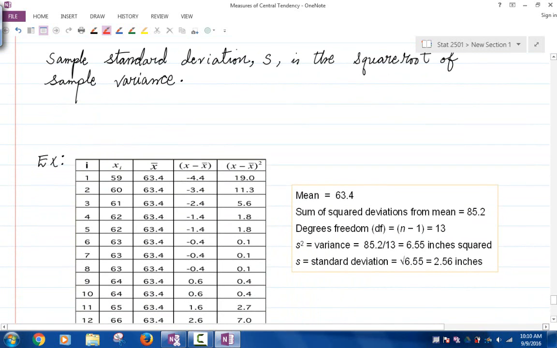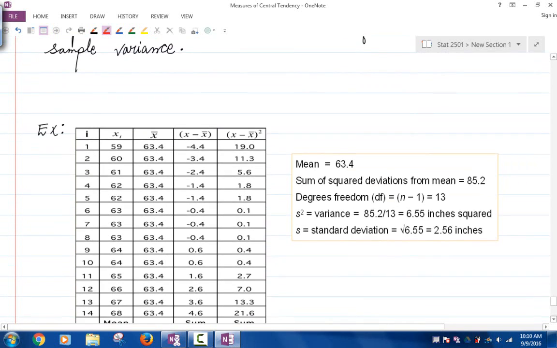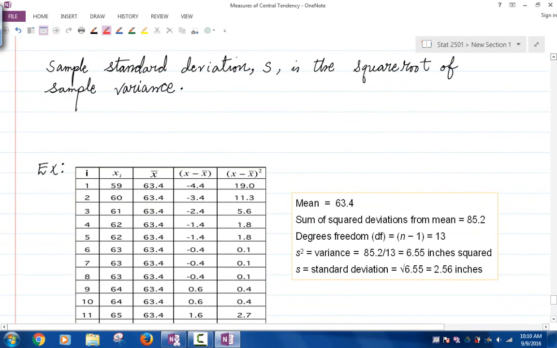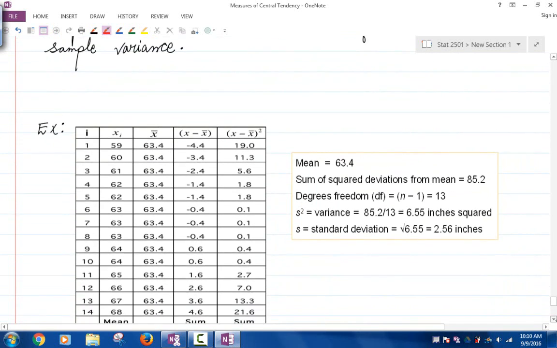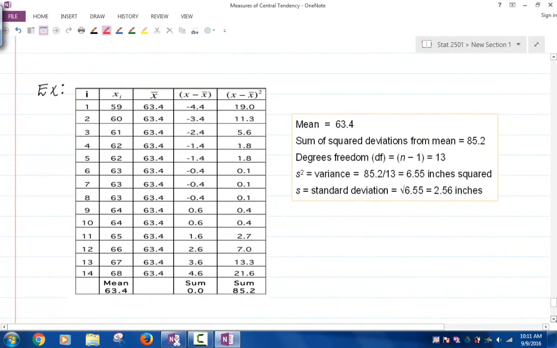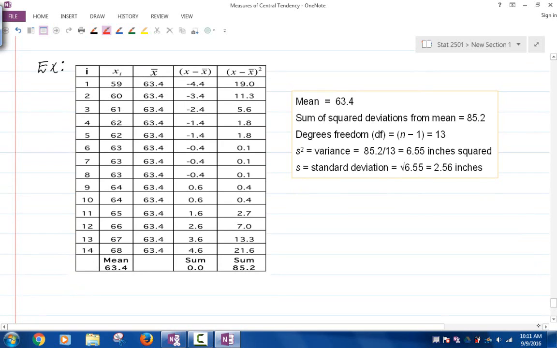Okay, here's the table, and so I have 14 values here.